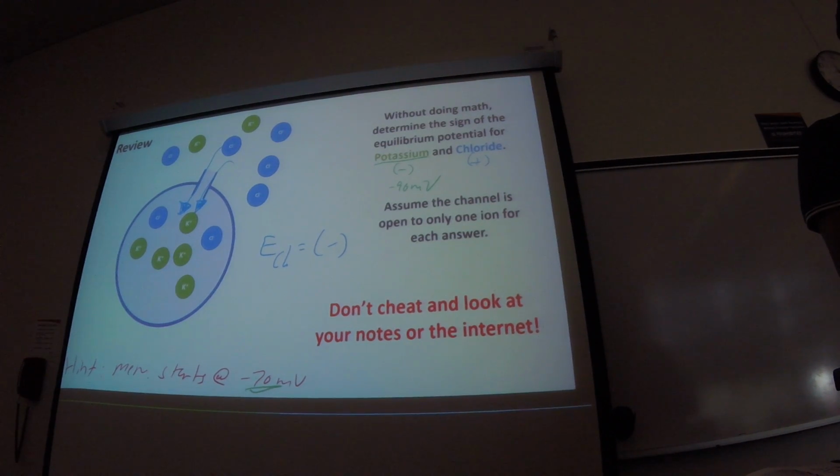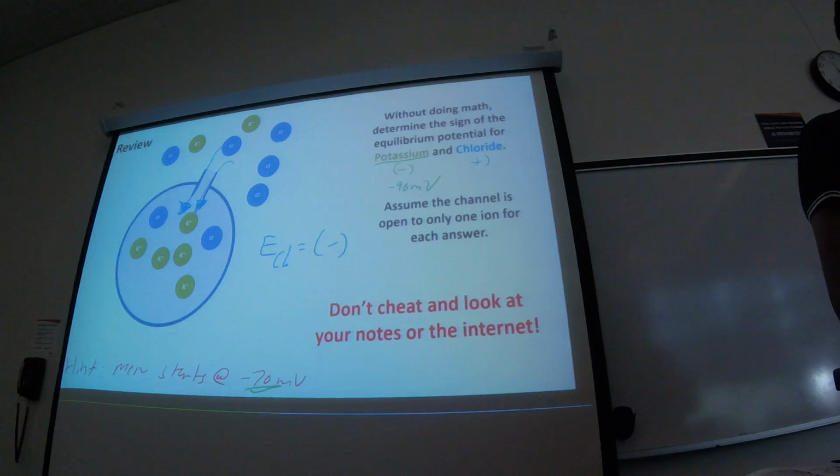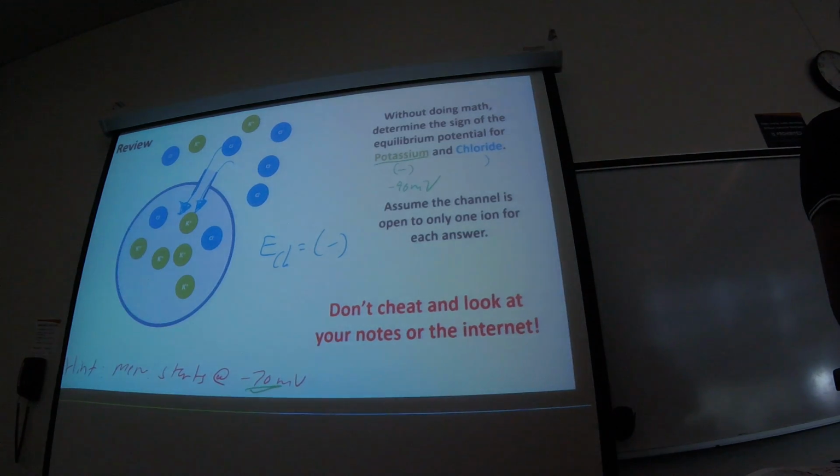Am I getting this wrong? Give me a minute. I don't think I'm getting it wrong. Aha. I am getting it wrong. Sorry about that. Confusing myself. There we go. Negative people are right. I'm wrong.